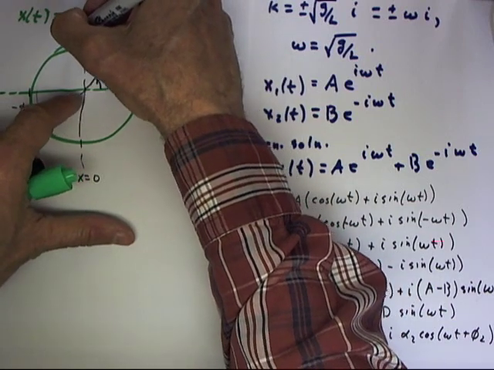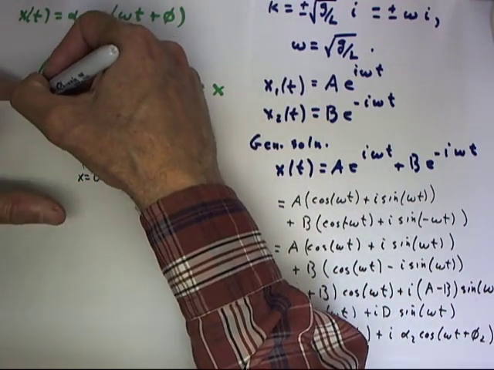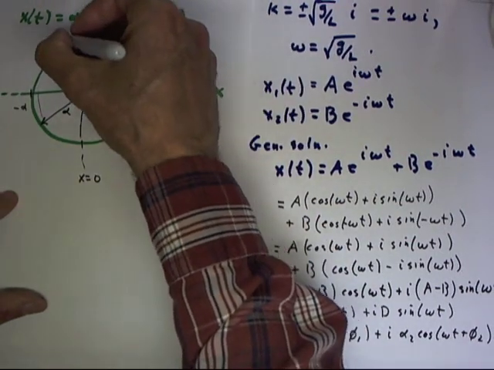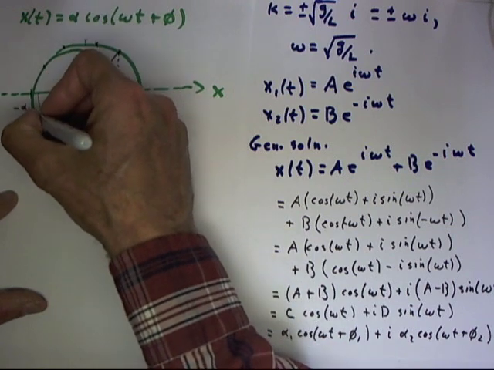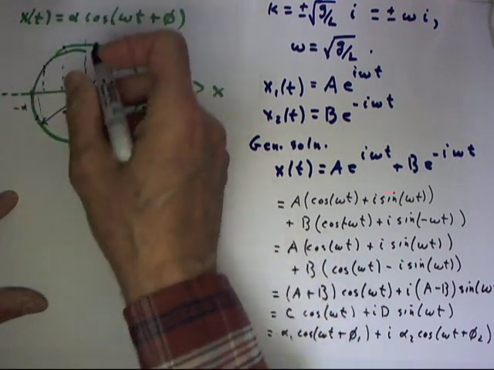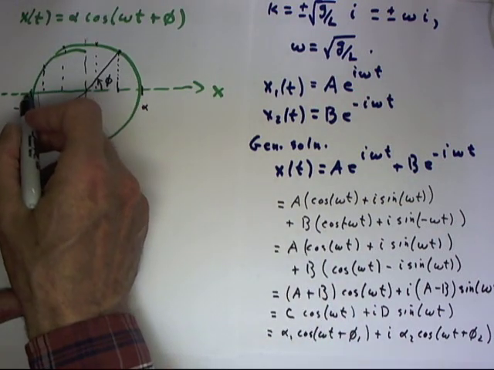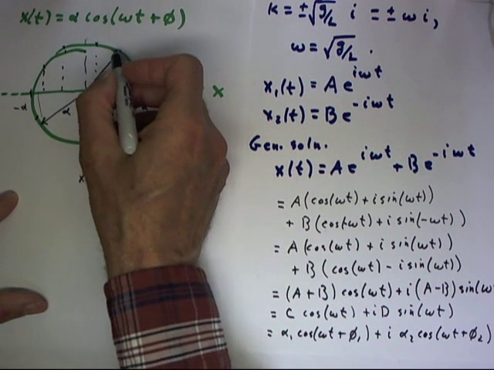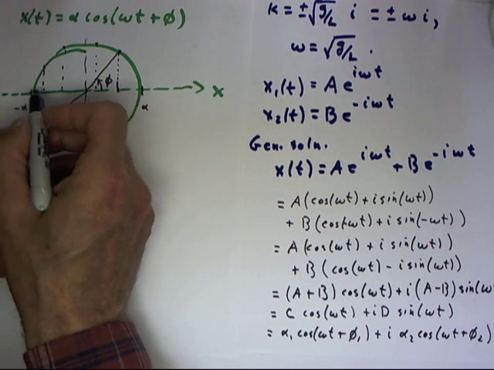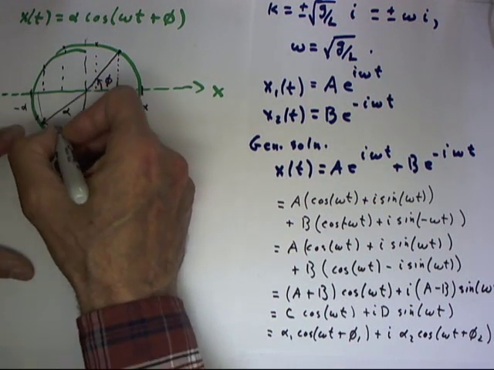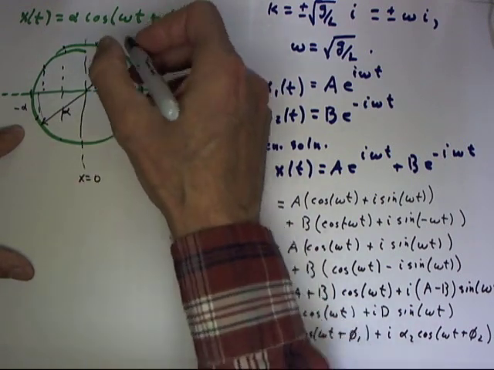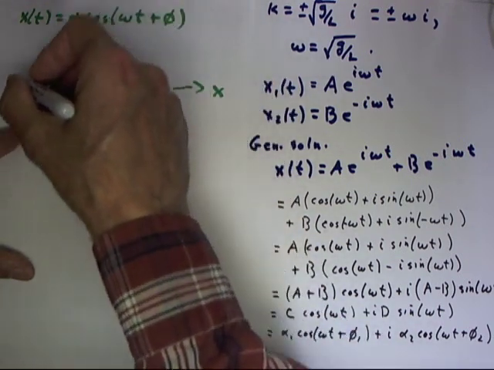And as we continue to move around the circle, the x-coordinate will continue to follow our motion around the circle, so that if we have points around the circle, we can project these points down to the x-axis and get the successive positions of our pendulum as it moves from its initial position over to its leftmost position and then returns back toward the right, eventually reaching its original position, continuing its cycle.